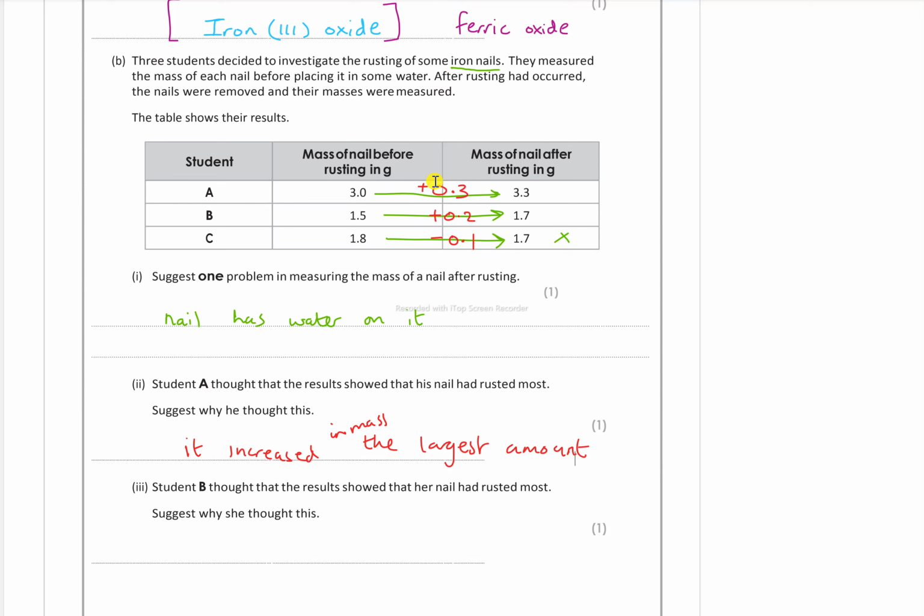Student B thought that her results were the most. Right. As the proportion, so look, if I did 0.2 divided by 1.5, that is bigger than 0.3 divided by 3.0.